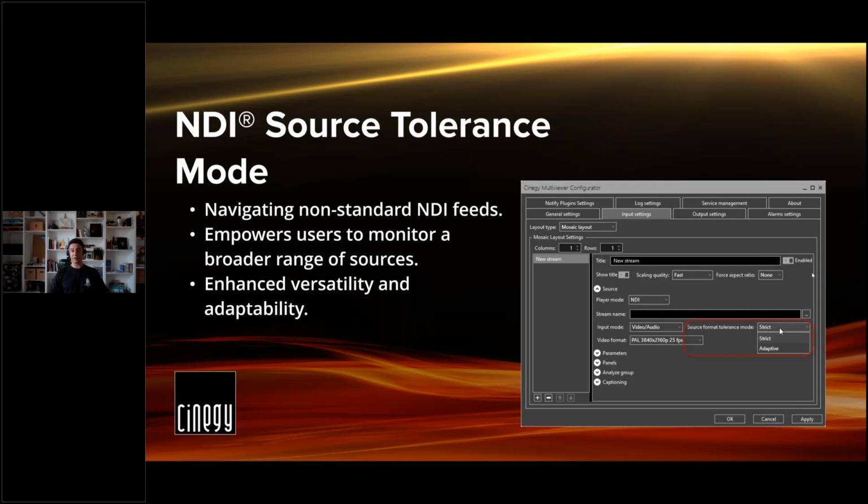The other feature that makes the life of those operators using Multiviewer with NDI sources easier is the NDI source tolerance mode. So it helps you work with non-standard NDI feeds, so to say. It's non-broadcast standard, to be more certain.